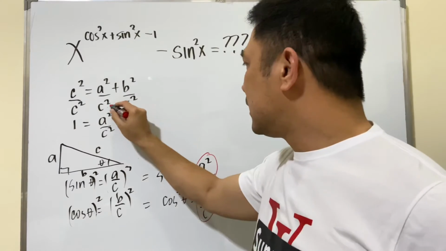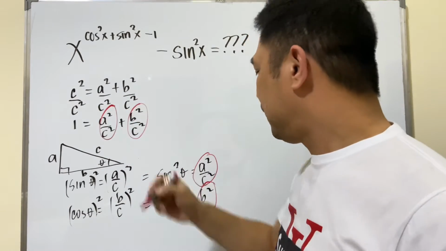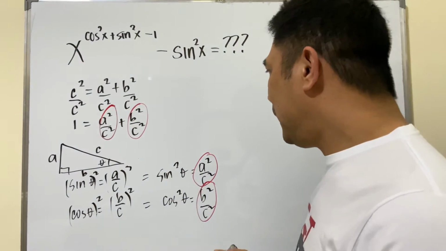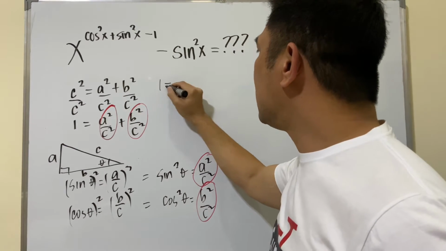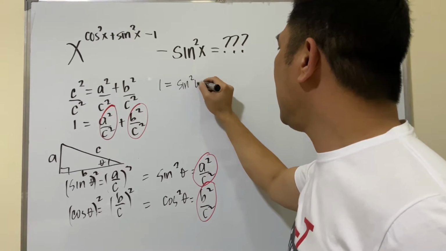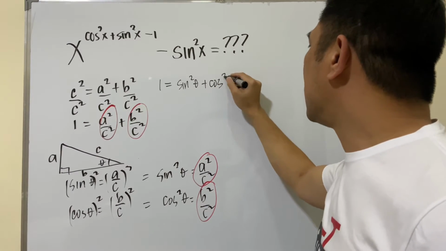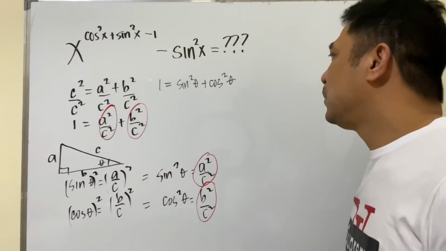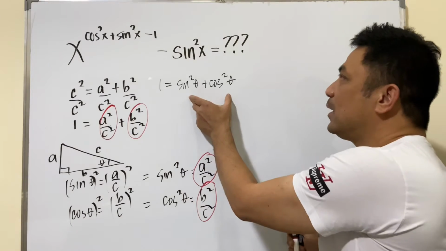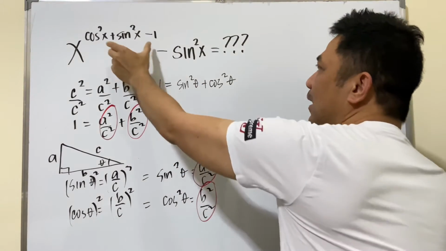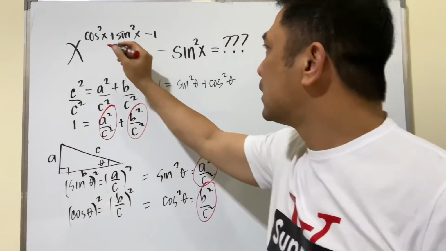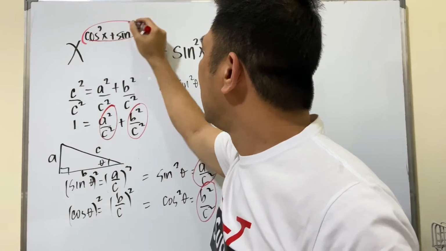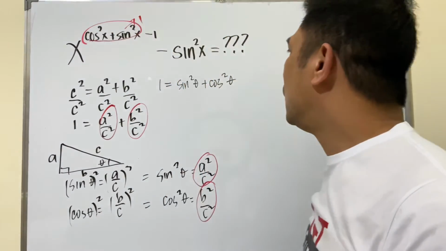So that means 1 is equal to sine squared theta plus cosine squared theta. We prove now that sine squared theta plus cosine squared theta is actually equal to 1. So this quantity here is equal to 1.